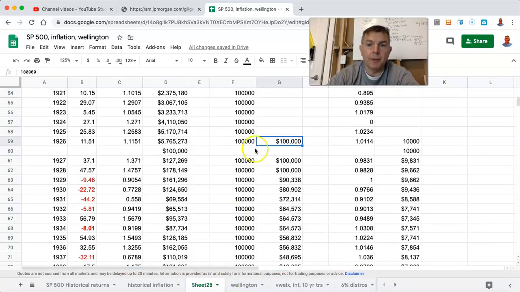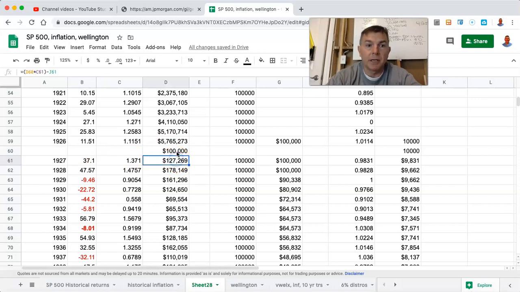So we're starting with deflation. And what we're going to do is we need $10,000 out the first year. Again, we're going to assume you had that on the side, and then you're going to retire with $100,000 in cash at the end of 1926 and $100,000 in the S&P 500. The following year, the S&P 500 is up 37%.